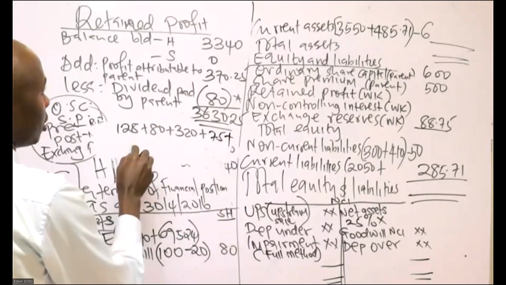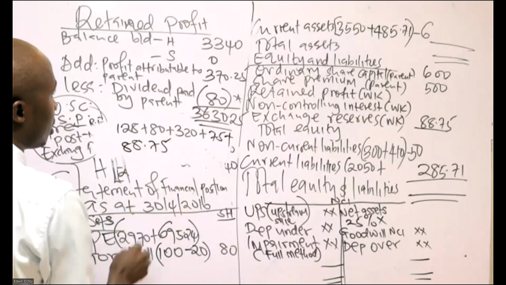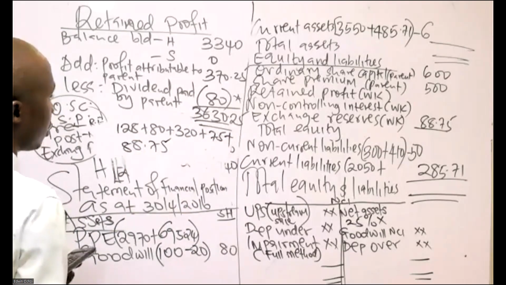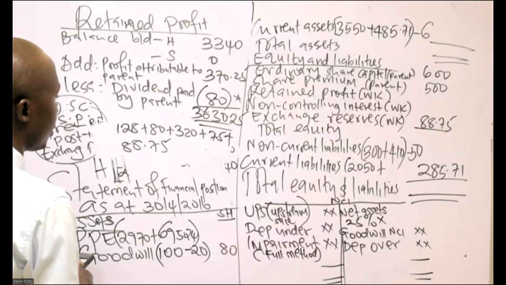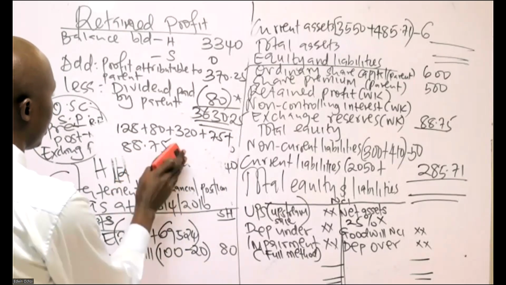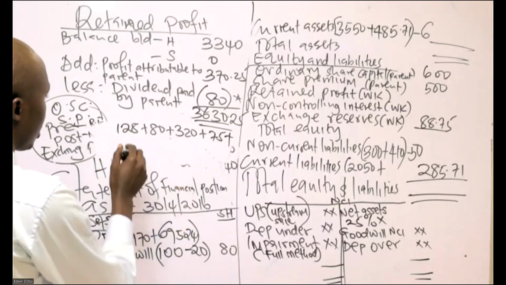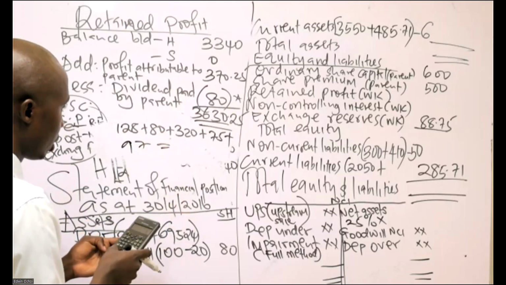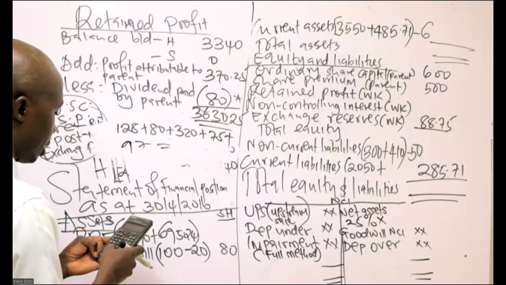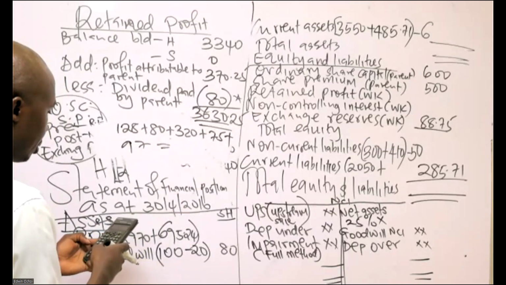Was it 88.75? Was that the one? Oh, it was 97. So give me the total: 128 plus 80 plus 320 plus 75 plus 97.